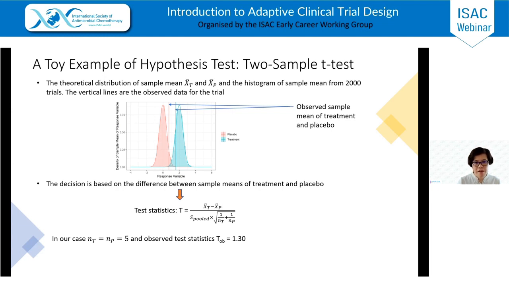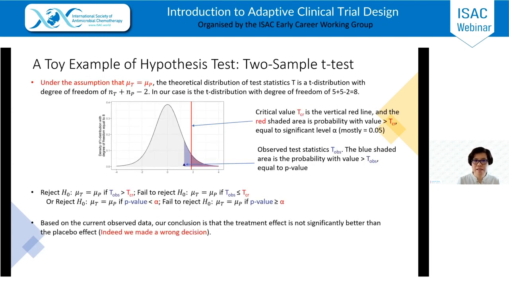Under the assumption that they're the same, there is a theoretical distribution for this test statistic T. It is a T distribution, which is where the 2 sample T test comes from. For our case, I put this T distribution with 8 degrees of freedom. Now this is how we make decisions.